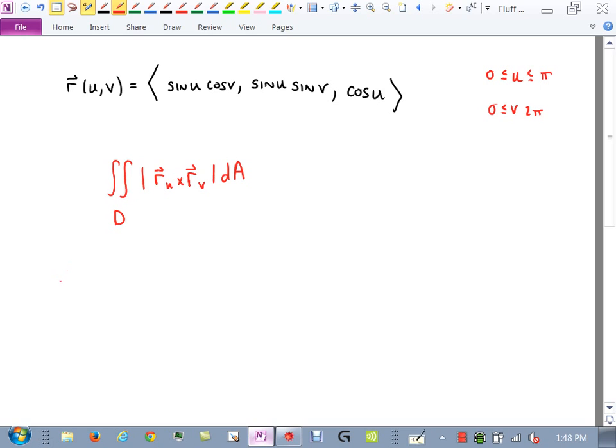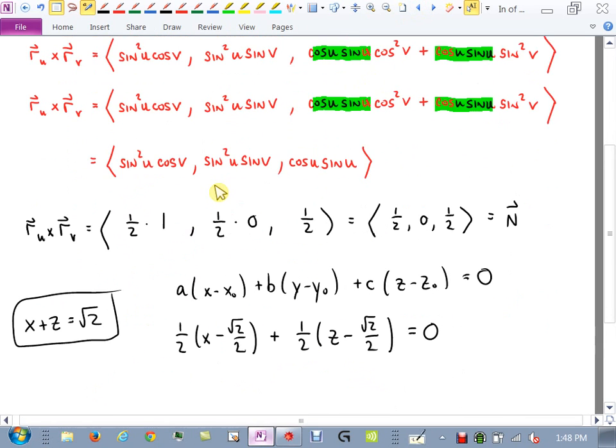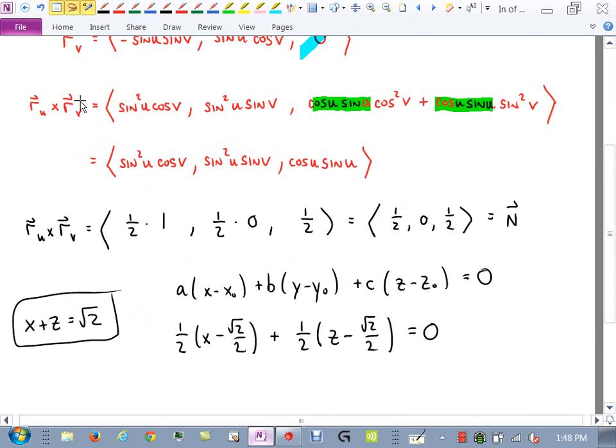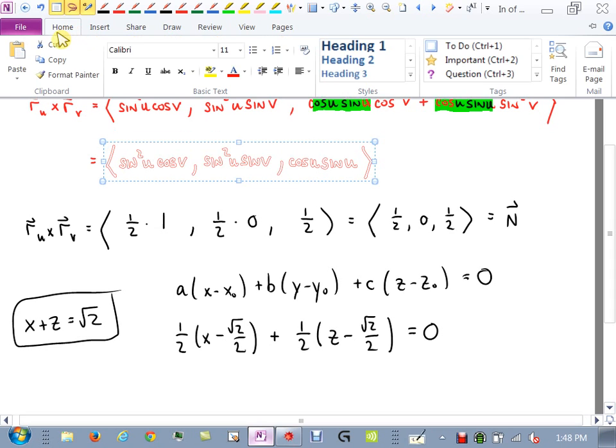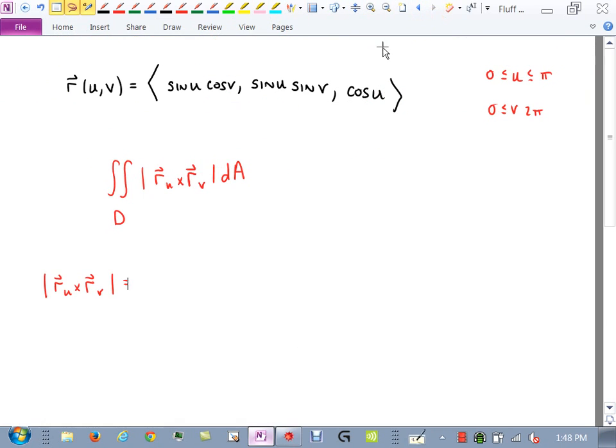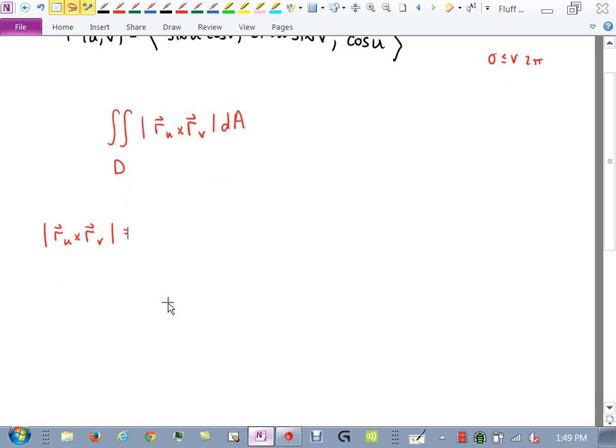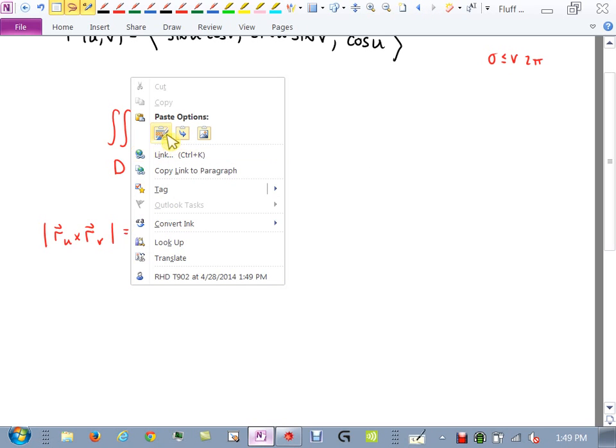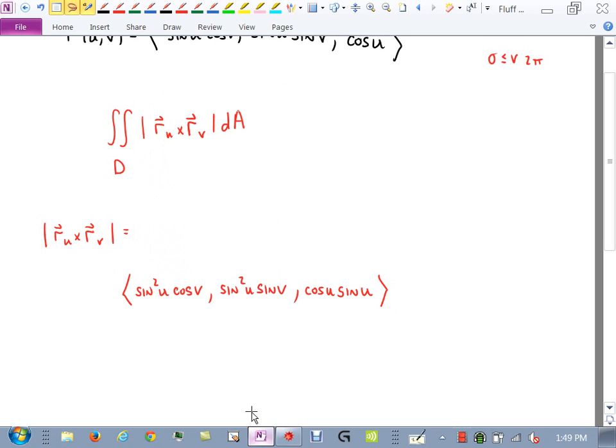So let's just work with that. What is its magnitude? I'm going to flip back into my notes here. It was right there, so I'm going to grab it. That was our cross product, right? I'm just going to throw it right here so I can look at it.